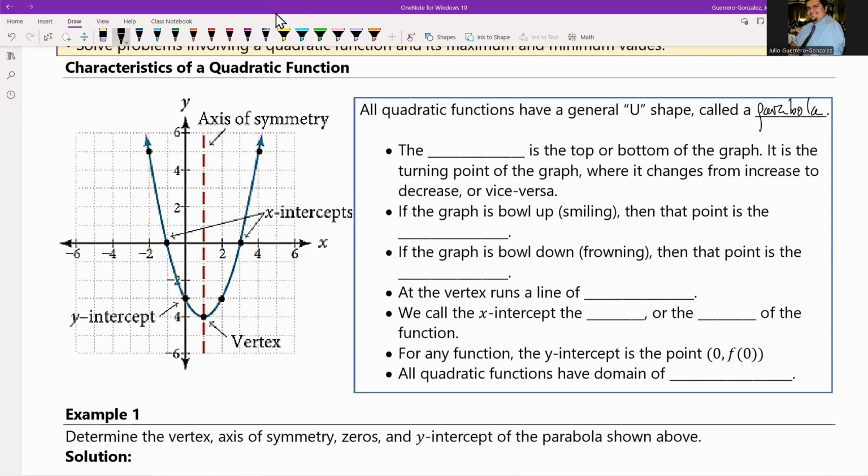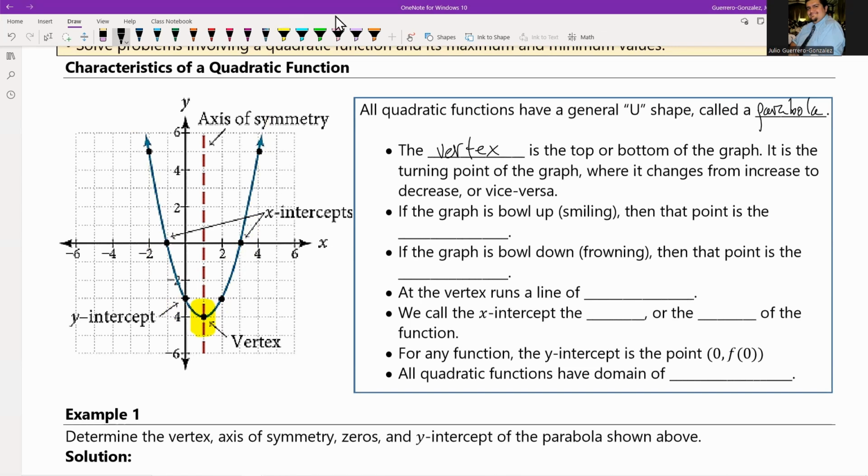So whenever you hear that, you automatically can assume you're going to have this U-shaped thing, okay? In particular, this bottom point right here, that is called the vertex. And it's the bottom point or the top point, really, because you can have this flipped around, you have what's called the vertex, okay?